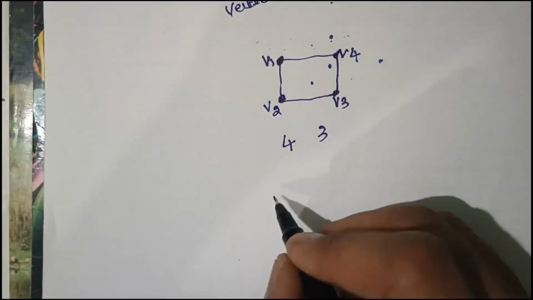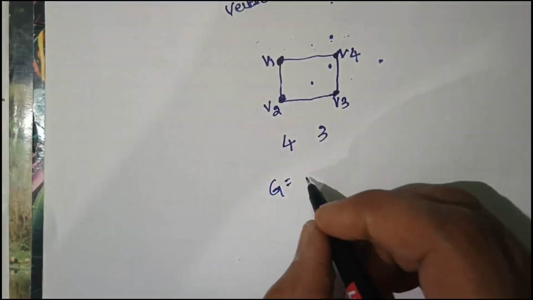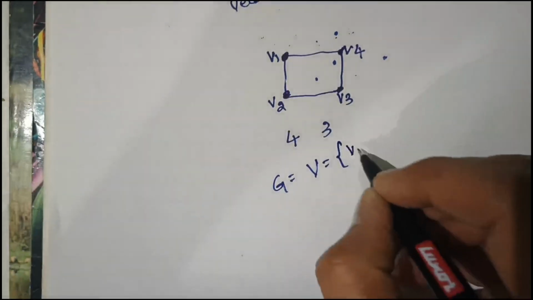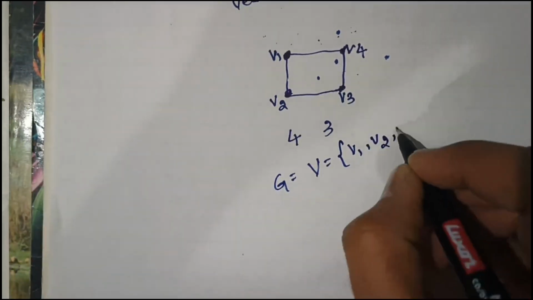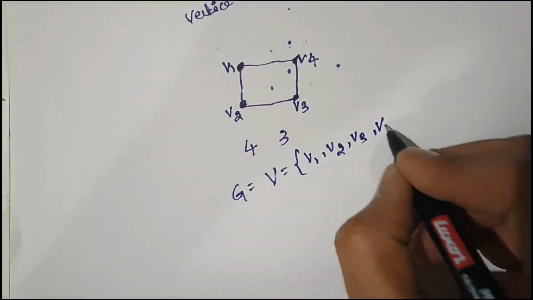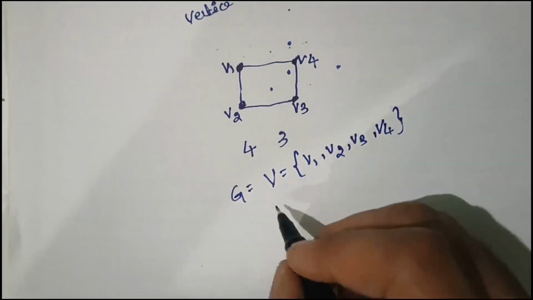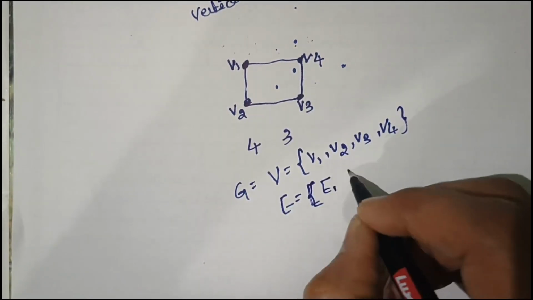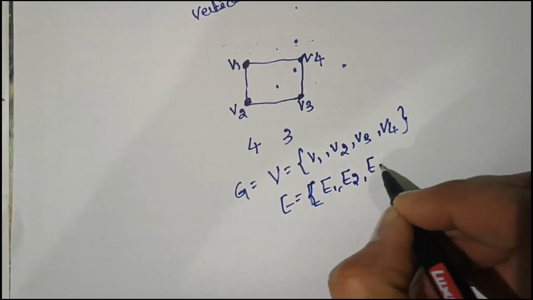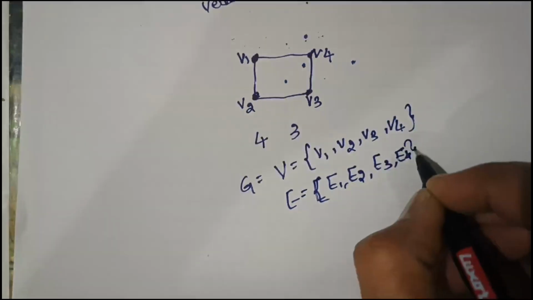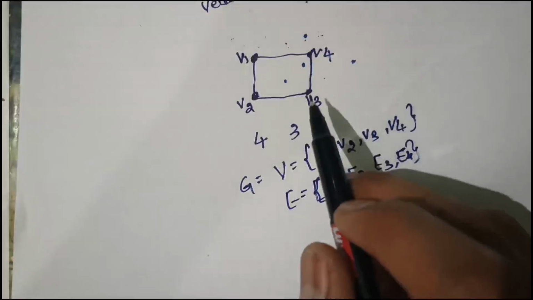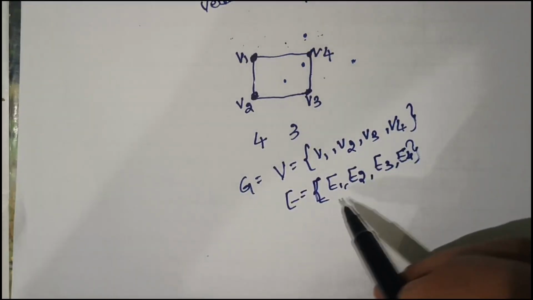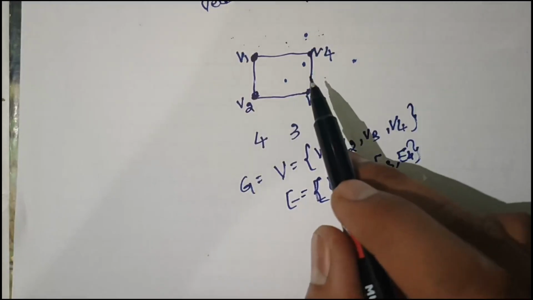So we can write G with V = {V1, V2, V3, V4}, the set of vertices. Next, E = {E1, E2, E3, E4}, the set of edges. So one graph contains a set of vertices and edges, and that we call a graph.